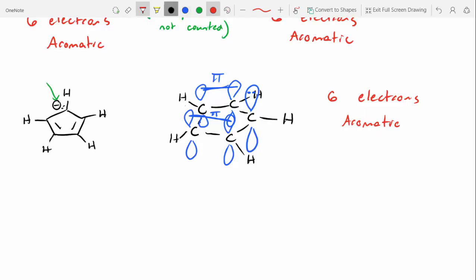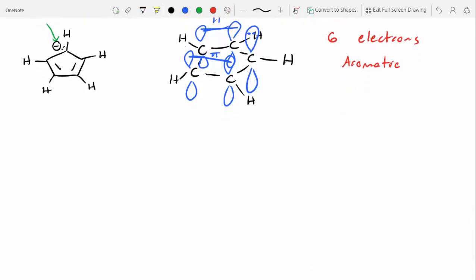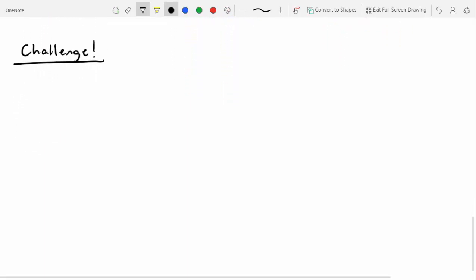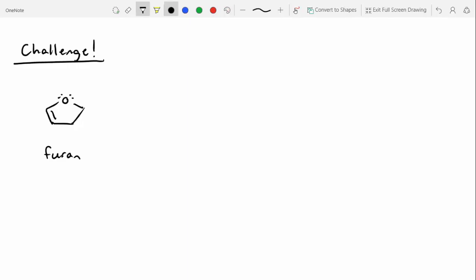All right, now I've got a good challenge for you guys. This is another heterocycle. This is called furan, and it's got double bonds here and here.